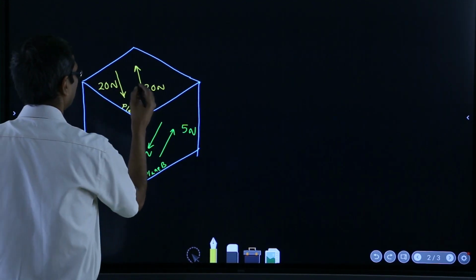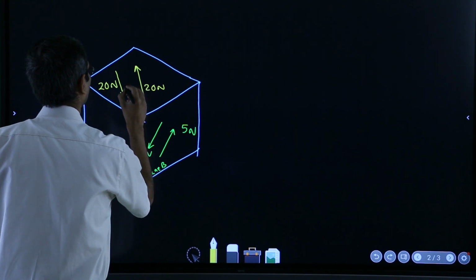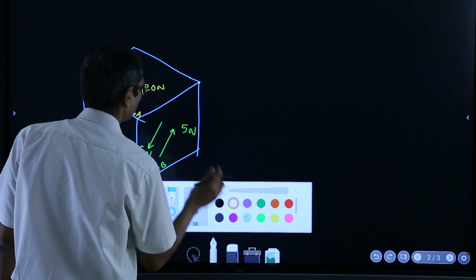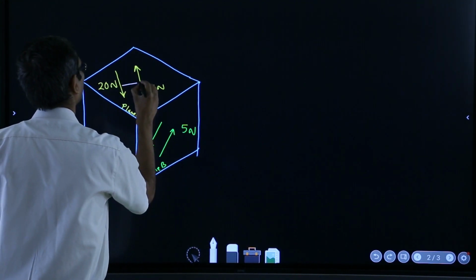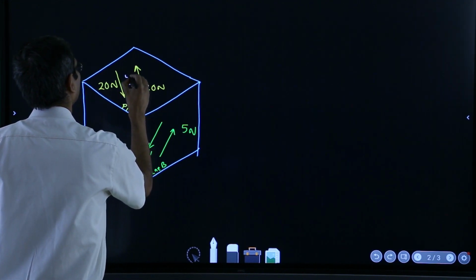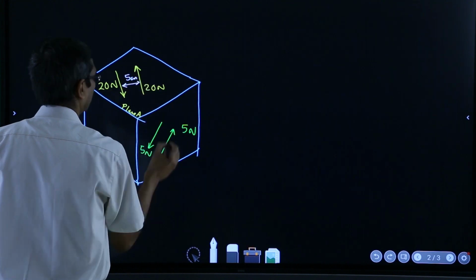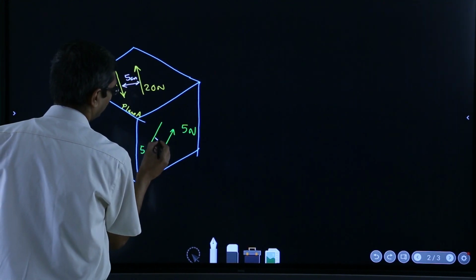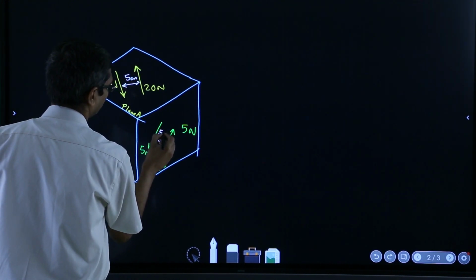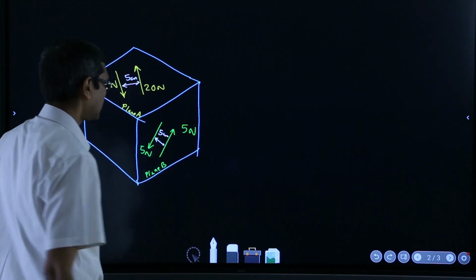Let the distance between those two forces be, say, 5 centimeters, and here also maybe 5 centimeters.